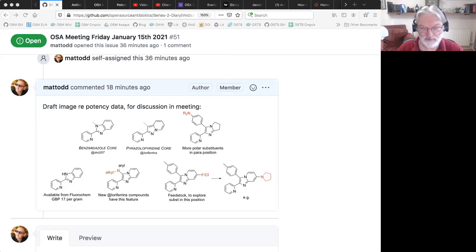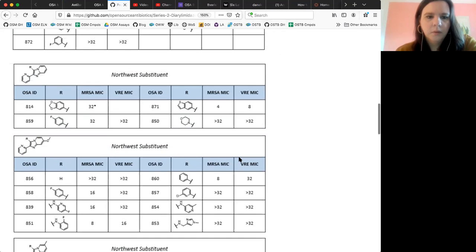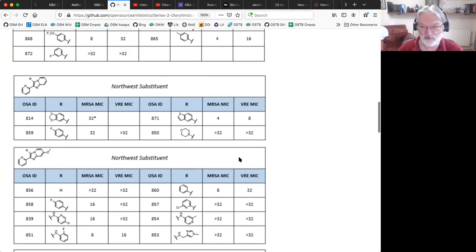Did we ever make anything with, you've got R2N there as a position at the 4 position, but what about making it a CH2N so it actually is basic? Don't think we have anything of that kind. No, I don't think so. Yeah, I'm still a bit concerned that these are all quite lipophilic.